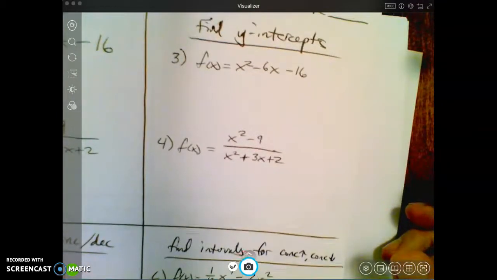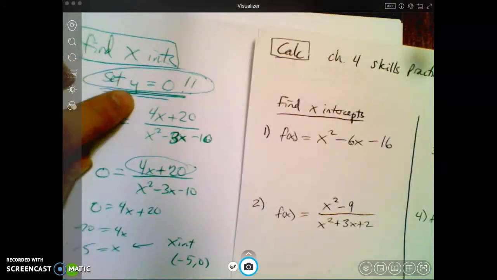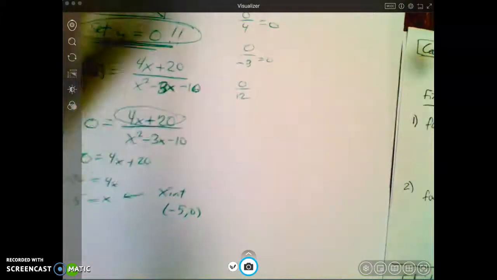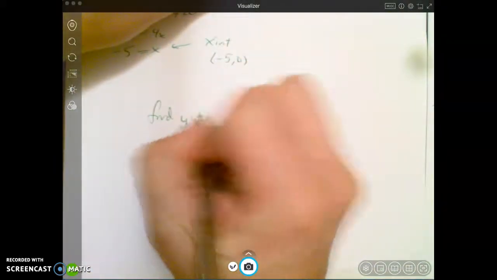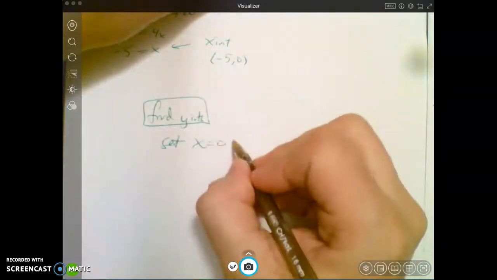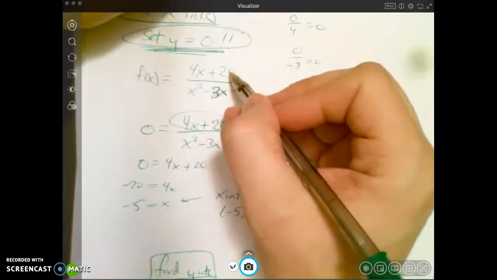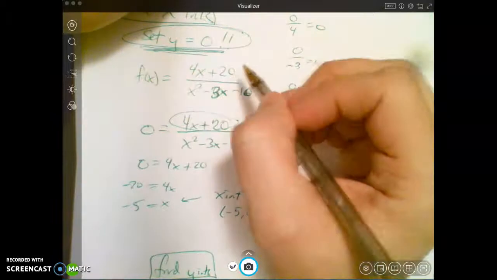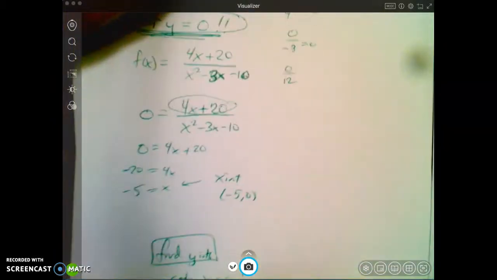Now if you're finding y-intercepts, well, you can probably figure it out. If you find x-intercepts by setting y equal to 0, you find y-intercepts by setting x equal to 0. So we can do the same exact problem above, and if I want to find out that guy's y-intercept, I just got to set all the x's to 0.